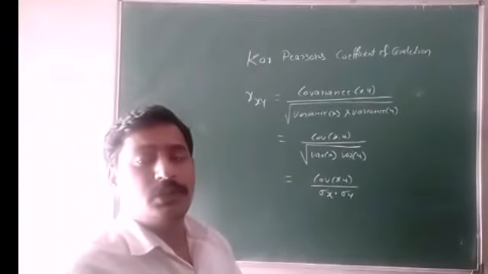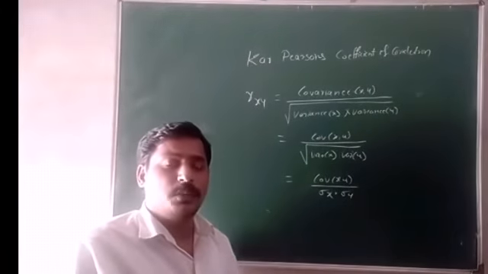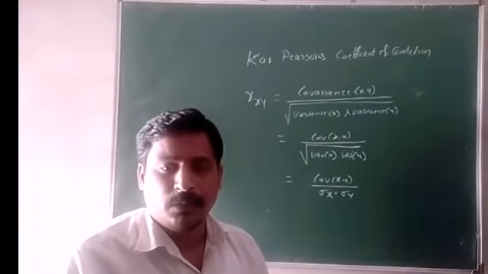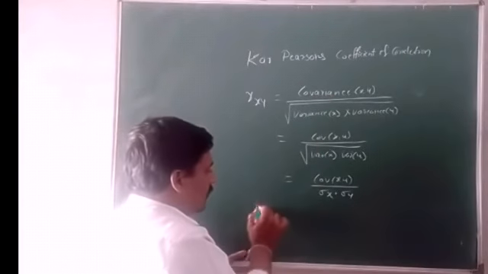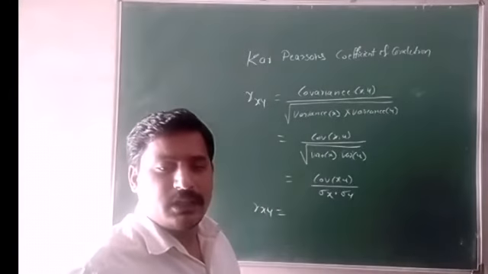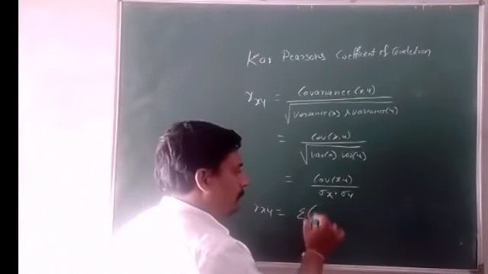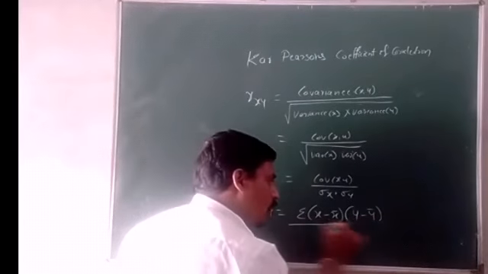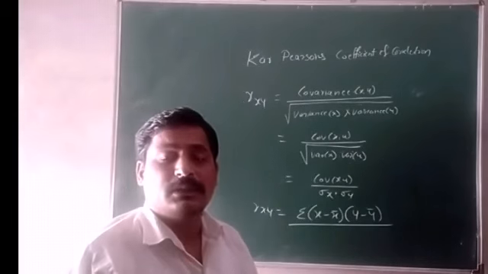But for ungrouped data and grouped data, we can expand this formula and use it. For ungrouped data, r xy is equal to, first we write the covariance formula, summation of (x minus x bar) into (y minus y bar), whole divided by root of summation (x minus x bar) squared into summation (y minus y bar) squared.